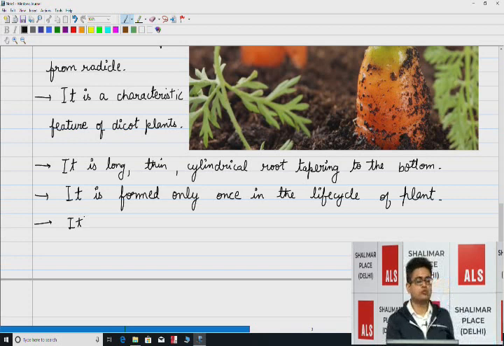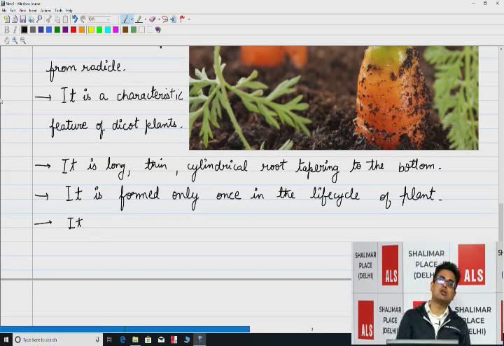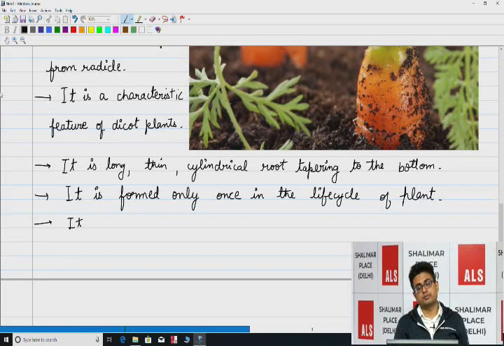Because look, why do the trees grow so tall? Because they have a very well established taproot system. Taproot is very strong, and it is going to be found in all plants which attain great heights. Great heights cannot be possible without taproot. Even gymnosperms also have taproot.